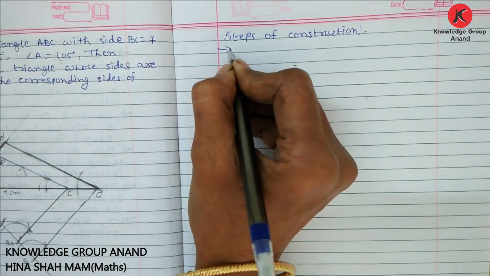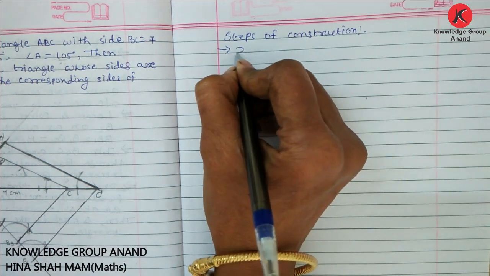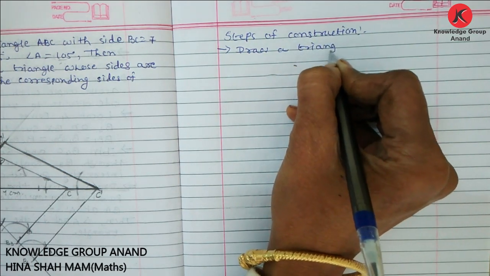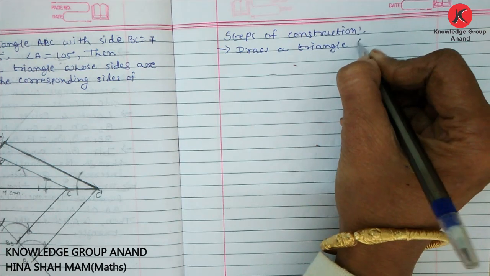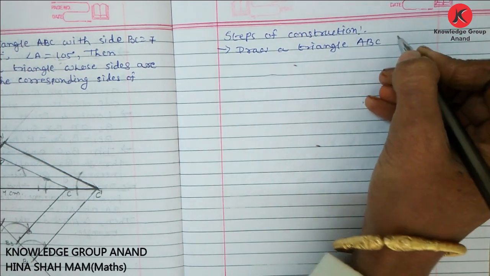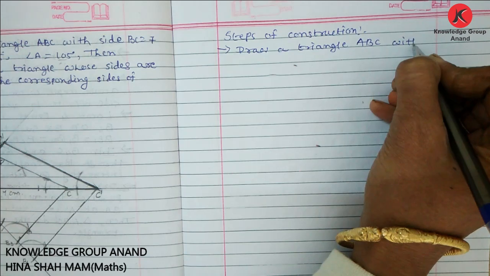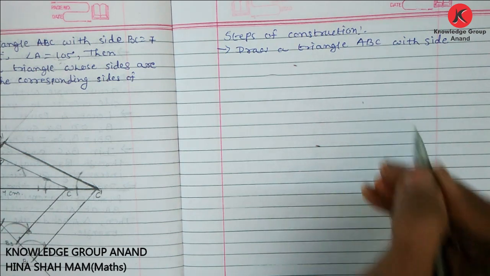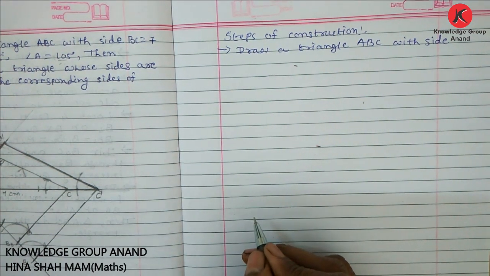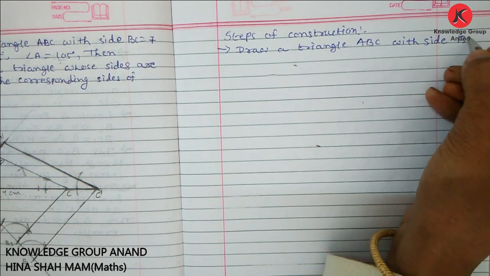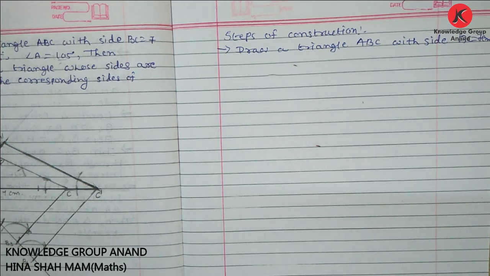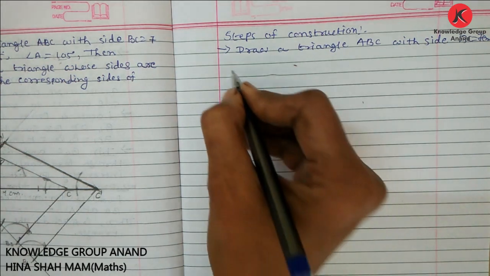First, we draw a triangle ABC. Draw a triangle which is given triangle. Triangle ABC with side BC is equals to 7 centimeter.